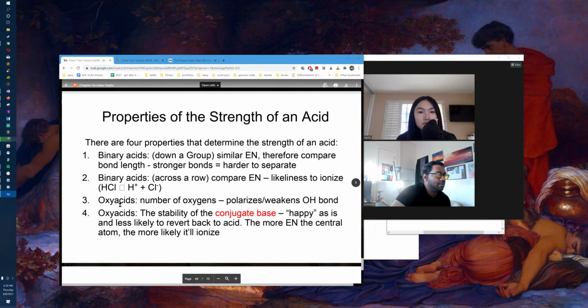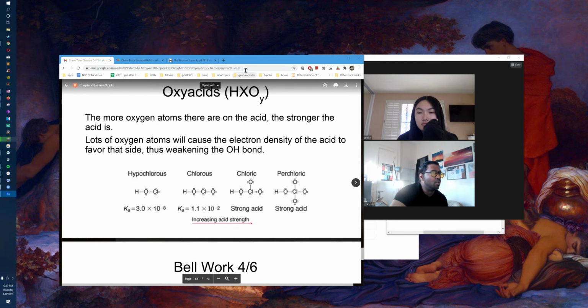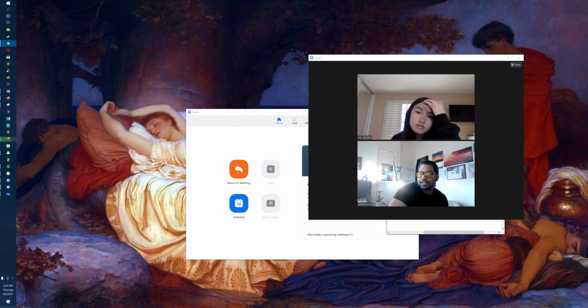For oxyacids, when you have more oxygens, let's say perchloric acid loses the H, you have resonance between all these oxygen atoms, which makes it very, very stable.